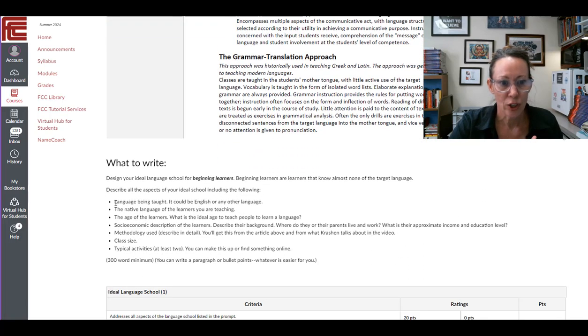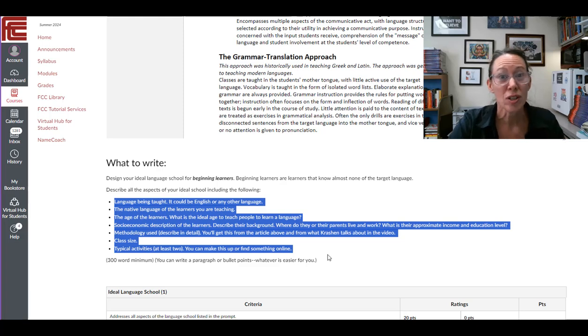And then what you're going to do is describe what you think, based on everything that you learned, is going to be the best situation for a second language learner. So we're looking at beginning students that know nothing of the target language. They're just starting out.